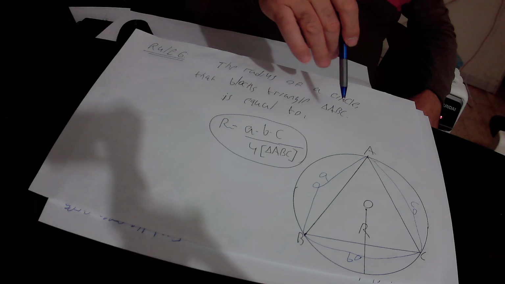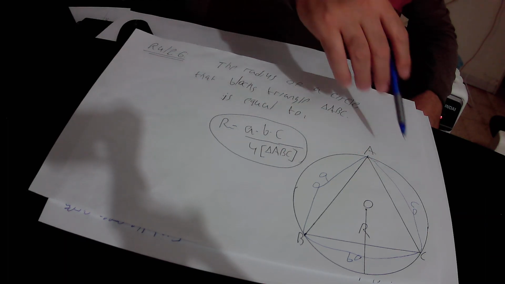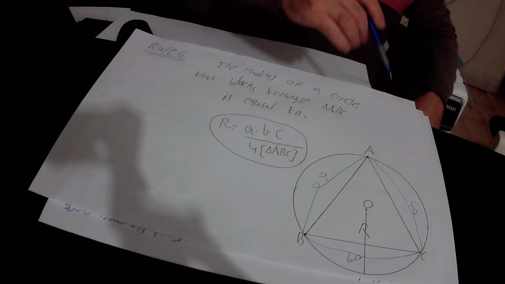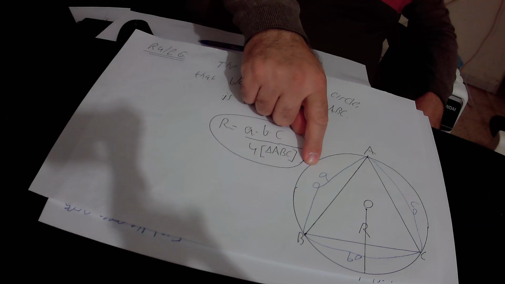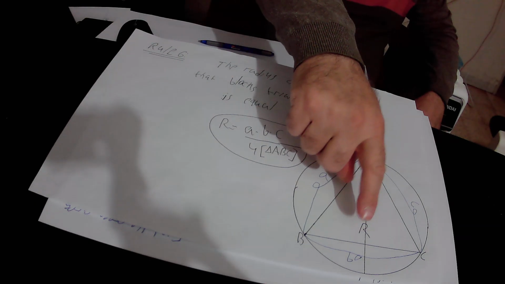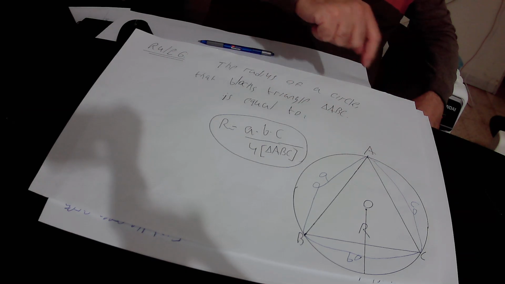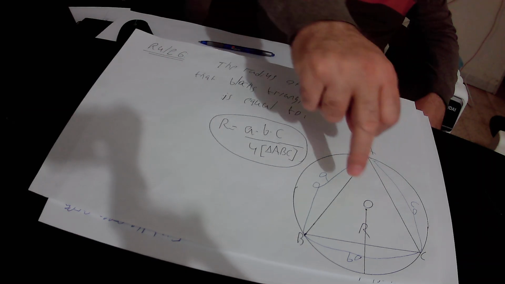So in the drawing we have a circle. Inside this circle we have triangle ABC. Actually, triangle ABC is blocked by this circle. We also know that the length of side AB is A units, side BC is B units, and side AC is C units. According to our definition, the radius of this circle is r.